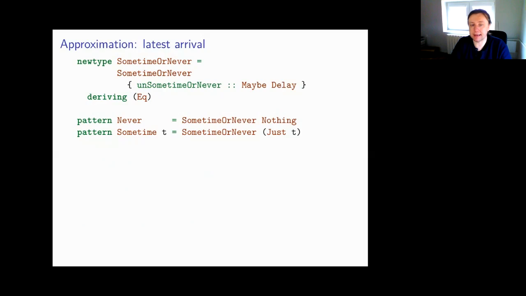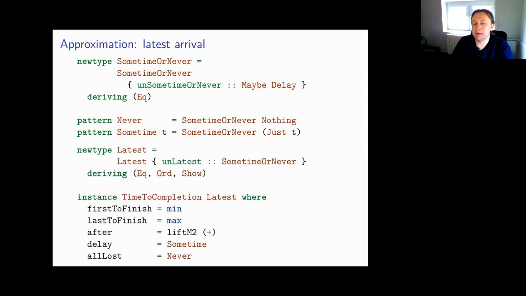The simplest example is basically, instead of latency distributions, we can just estimate what is the latest possible arrival. So if we lose any packet, the latest means never, right? But maybe our processing will always guarantee that ultimately it arrives. And then we have an alternative implementation of this algebra.